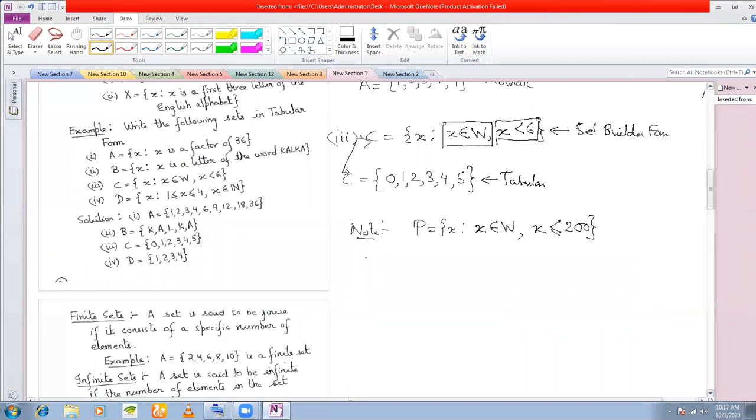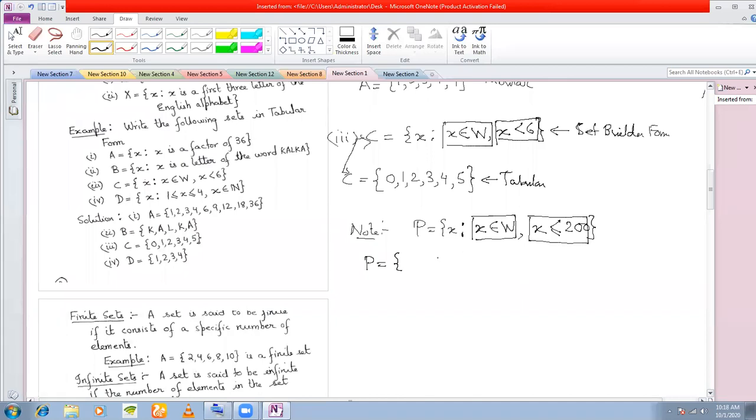Then how will you write this set in tabular form? What is the definition of X here? Let's see first. X is an element of P, and X is a whole number that is less than or equal to 200.